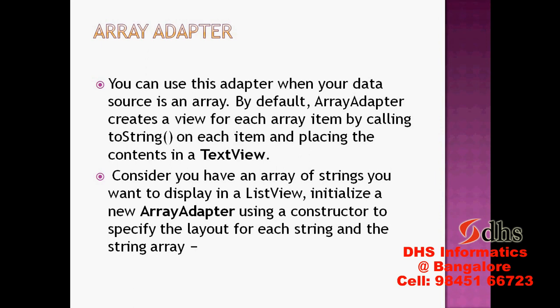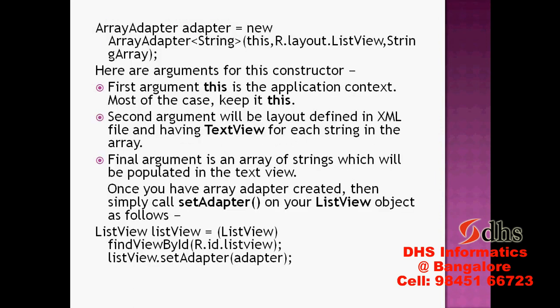Consider you have an array of strings you want to display in a list view. Initialize a new array adapter using a constructor to specify the layout for each string and the string array. For example, here it is: adapter is a reference variable equal to new ArrayAdapter. Inside that you are passing three arguments: this, R.layout.listview, and the string array.